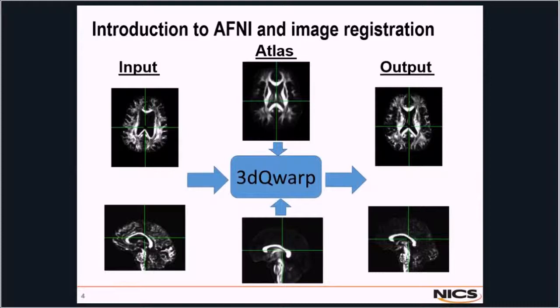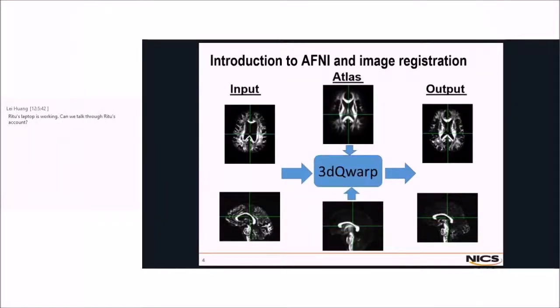So briefly, what is image registration and why do we need it? Suppose in one of the typical neuroimaging analyses, we want to analyze different subjects across different images, and the first step, an important step of the pre-processing, is to normalize the image.